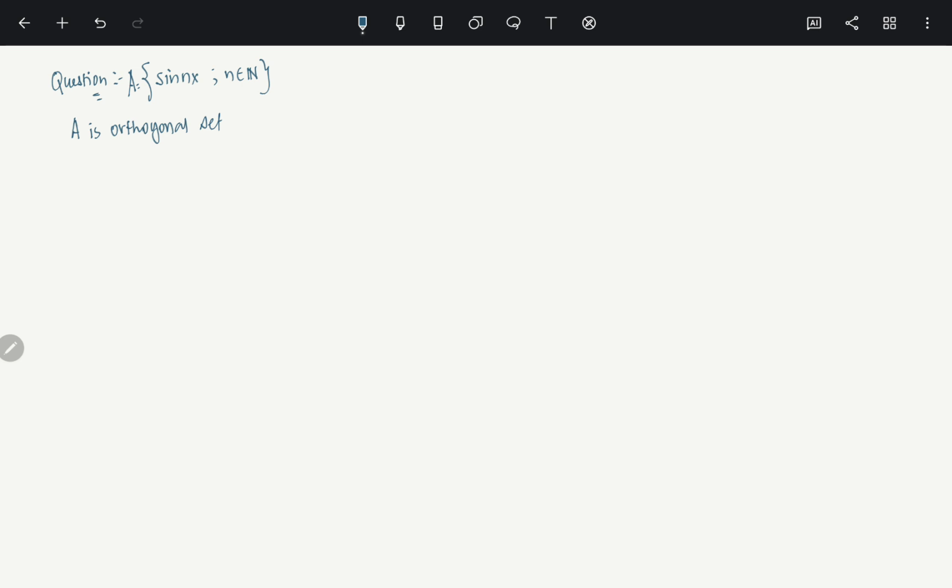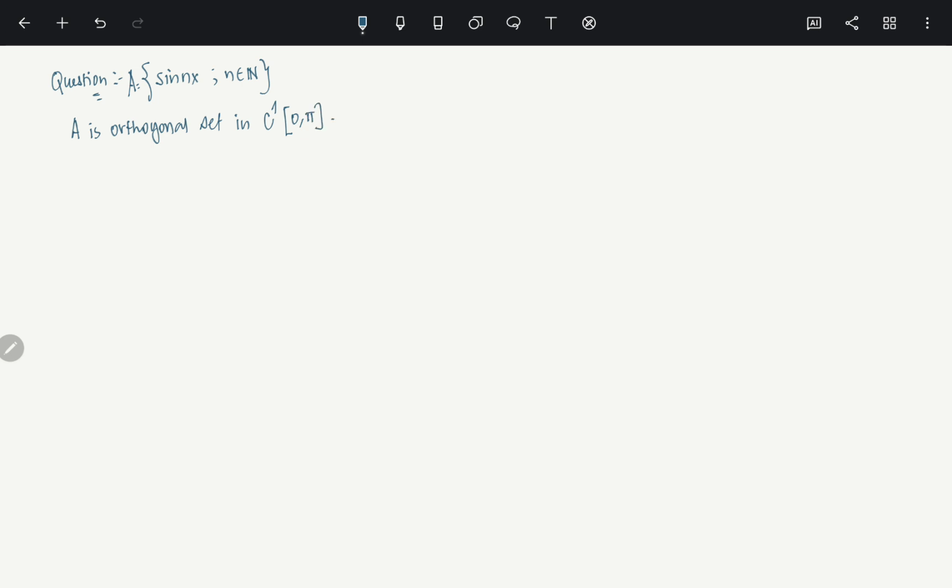Those two vectors are in some vector space, that is R2. Here the set is orthogonal, let's say in C infinity also you can put if you want, but let's just put C1, C1 of, let's say, minus pi to pi, or 0 to pi also, it's not a problem. Let's just say 0 to pi. So basically in this set they are orthogonal.